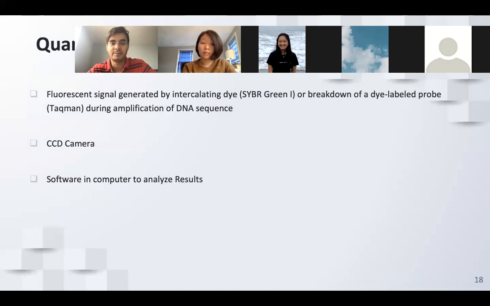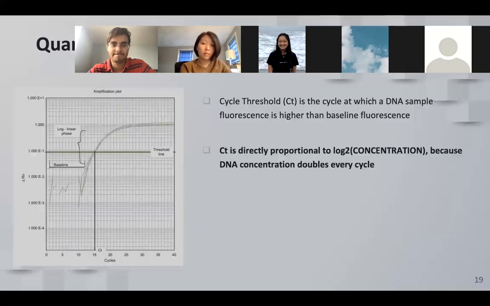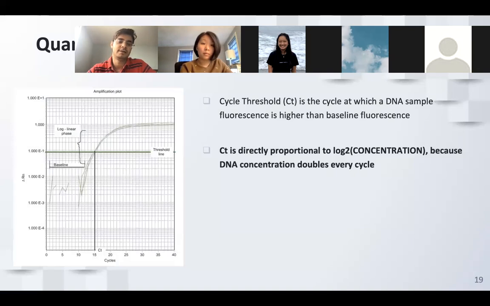Quantitative PCR is important. Quantitative PCR means that you can follow the quantification of the DNA, which means that in each cycle you have double the amount of DNA that you had in the previous cycle.